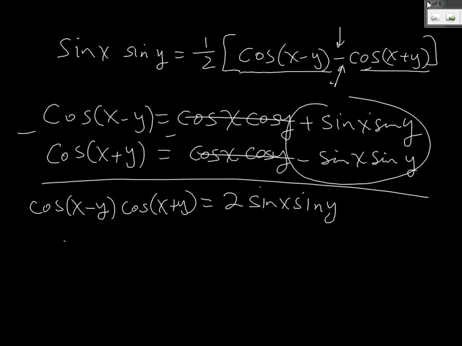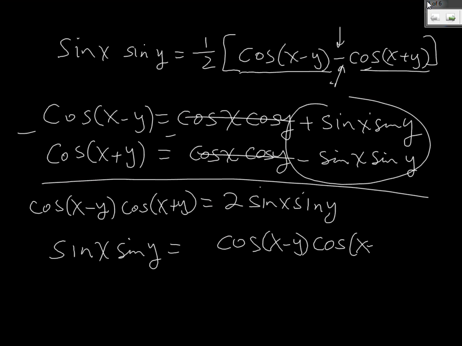And just rewriting it, I divide both sides by 2, and get sine x times sine of y is equal to cosine of x minus y minus the cosine of x plus y, over 2. But instead of dividing by 2, I'm allowed to multiply by the reciprocal. And of course, when I subtract, I should not get a product.